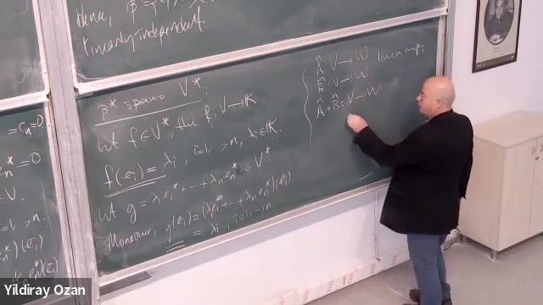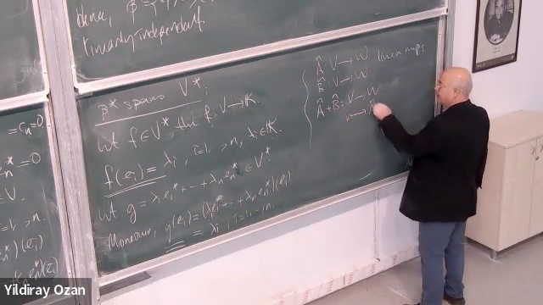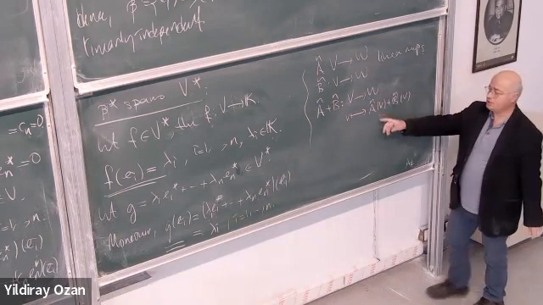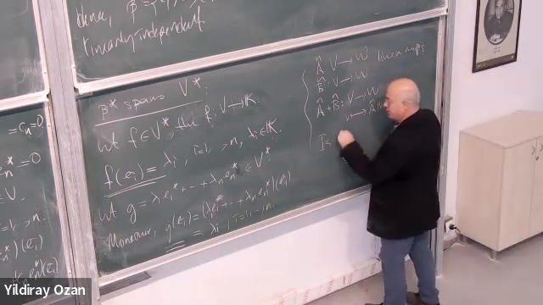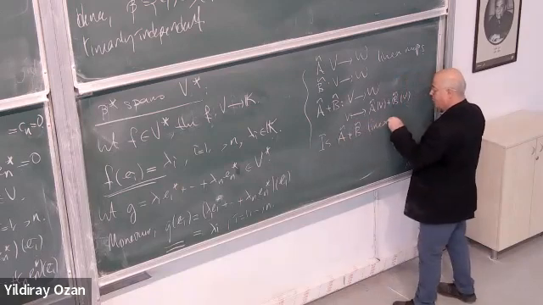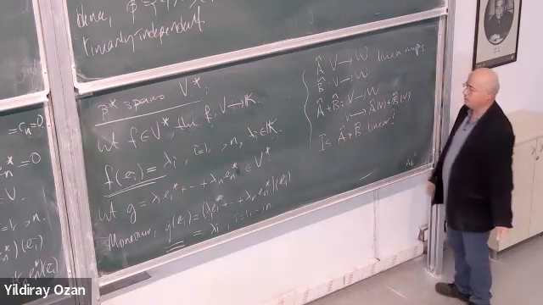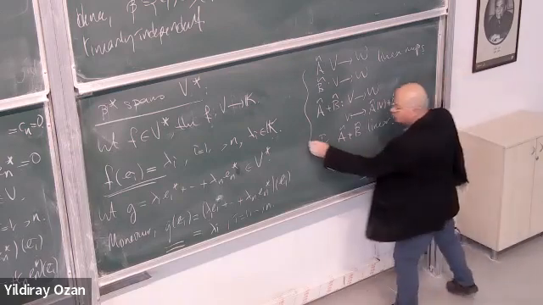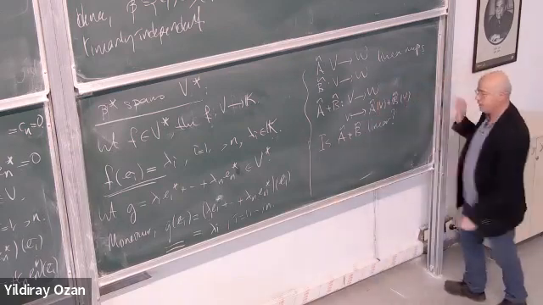How is it defined? We take the vector and we just send it to this, right? The question is, is A hat plus B hat linear? Well, just check it. It's easy. You have to prove two things, right?